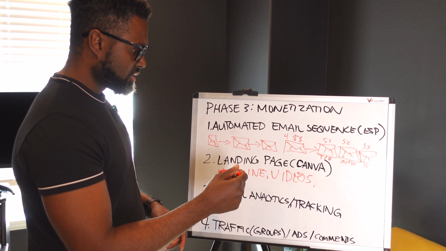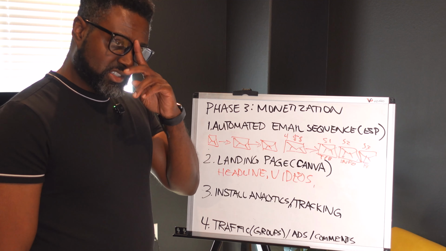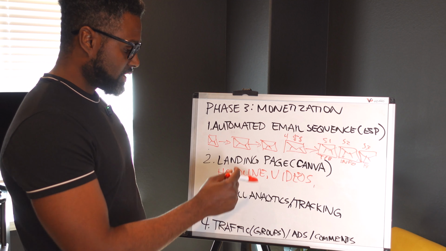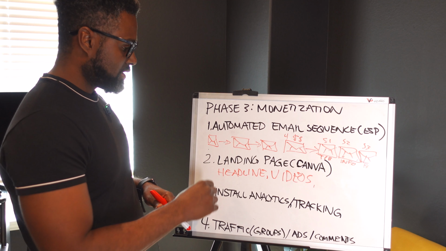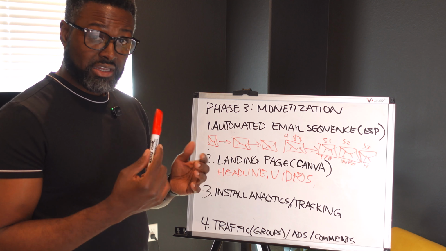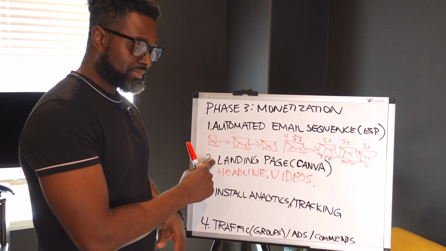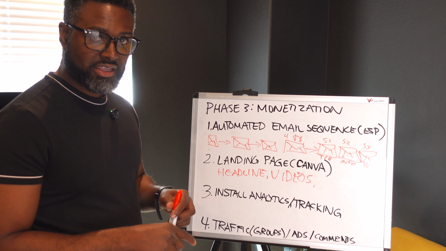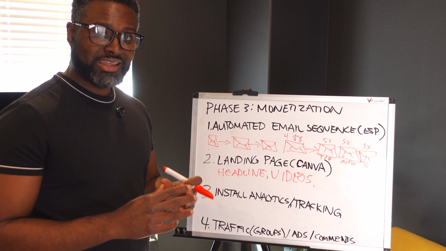All right, so you need landing pages. The thing is, it's a lot of moving parts. If the landing page isn't working, you're not getting a lot of signups, whatever. Let's say you are getting a lot of views on the video. You're getting a lot of visitors to the landing page, but not a lot of people are opting in. Then that might mean that your headline needs to be changed.